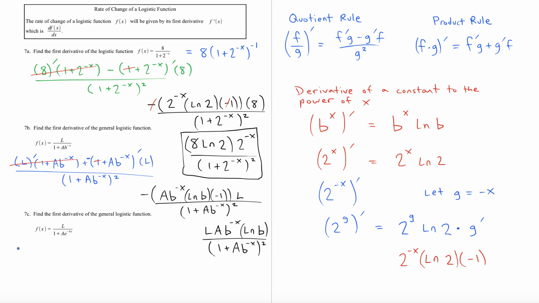We'll have L prime times 1 plus AE to the negative kx, minus 1 plus AE to the negative kx prime times L, divided by 1 plus AE to the negative kx squared.